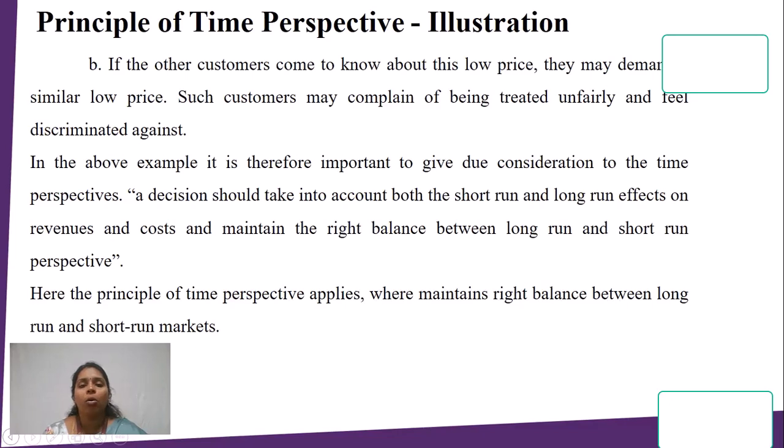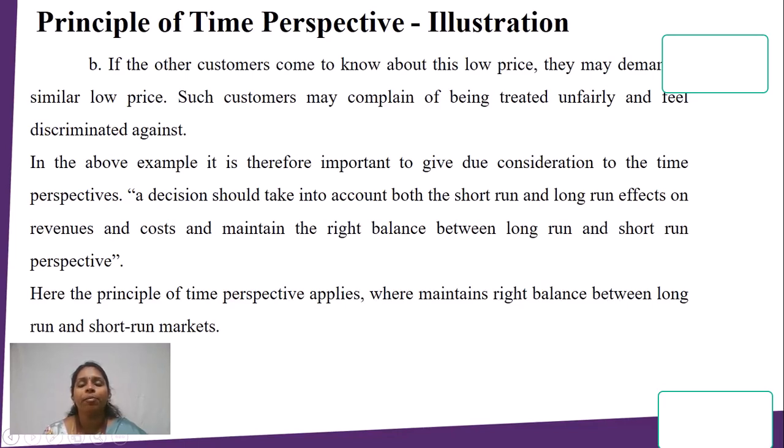Either he can go for a short-run profit by accepting the order and utilizing the idle capacity to make more profit. If we see the long-term effect, it is not the same. It will have an impact: the lower price may bring demand for a similar lower price in future. Customers may demand products in future at a similar lower price.